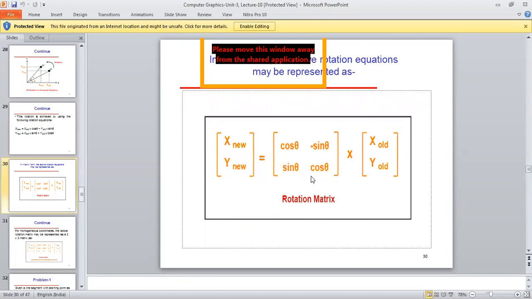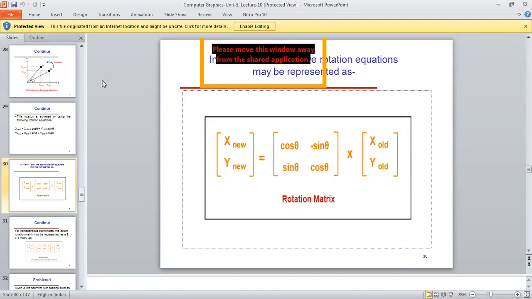How can we represent it in the form of a matrix? The rotation transformation we can represent like this: x new y new is equal to cos theta minus sin theta, sin theta cos theta, into x old y old. So this is called the matrix representation of the rotation transformation. In this way we can represent the rotation transformation in the form of a matrix.